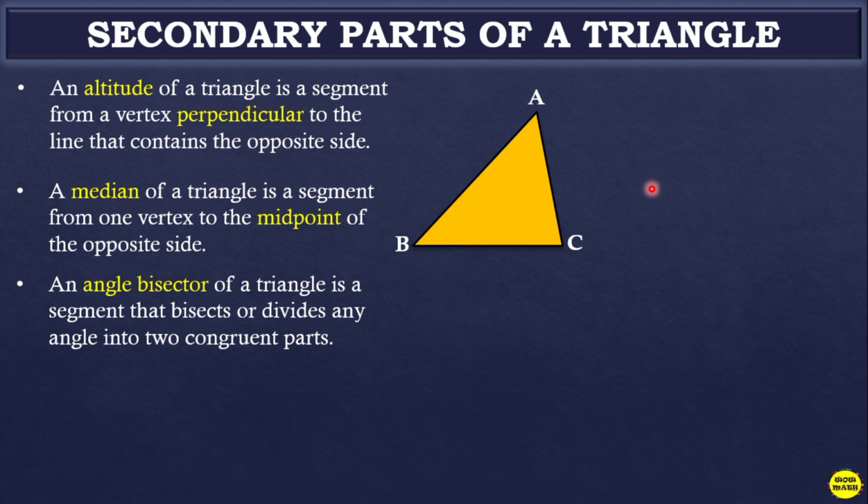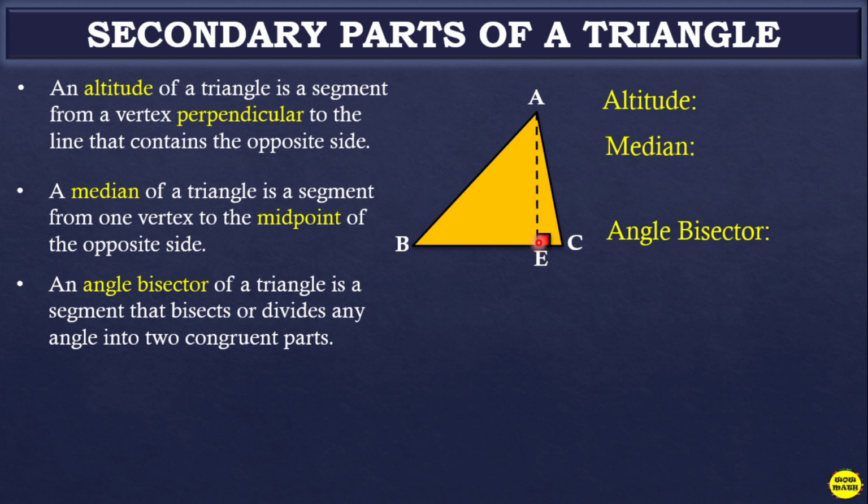Now, pag sinabi po nating altitude, from the given definition, the altitude of a triangle is a segment from a vertex perpendicular to the line that contains the opposite side. So simula sa vertex, let's say your A here is your vertex, and then perpendicular daw po siya.